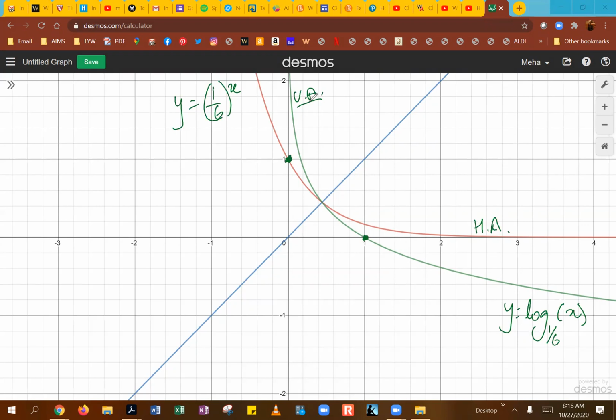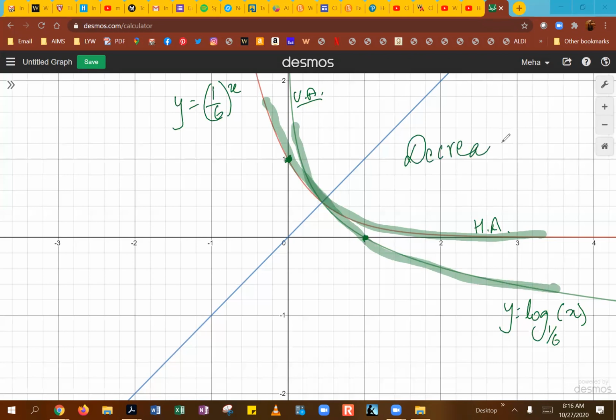The only difference you are seeing between the graphs we saw before and these ones is that both of these functions are decreasing. As you can see, when we go from left to right, our function values are decreasing. Same thing on the logarithmic function. Domain, range, all of those properties are going to be the same. The only difference is these are now decreasing functions.